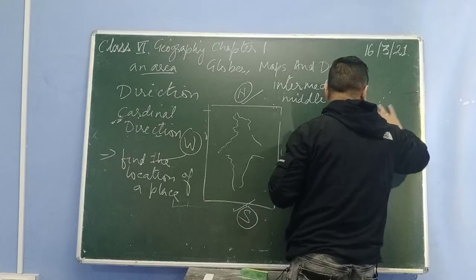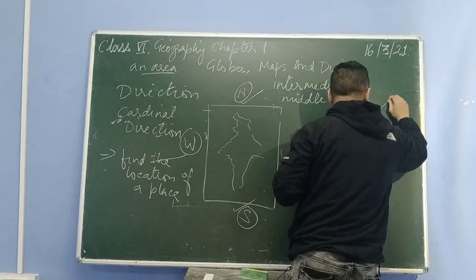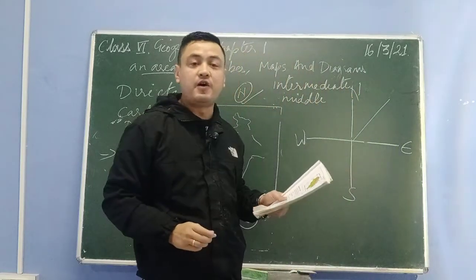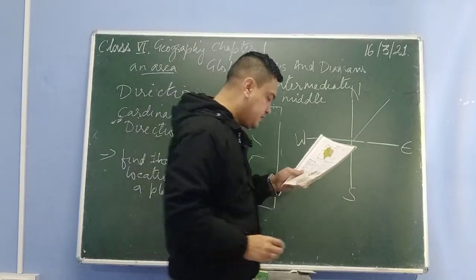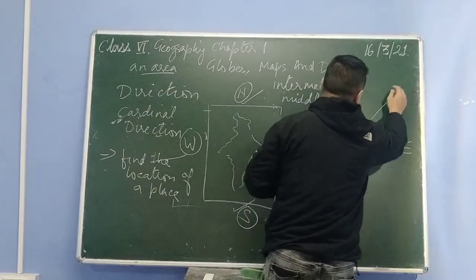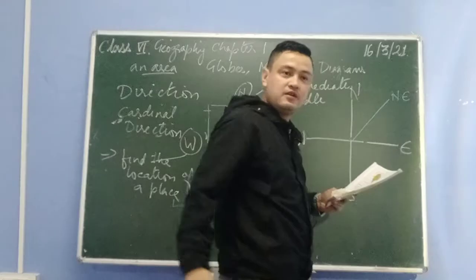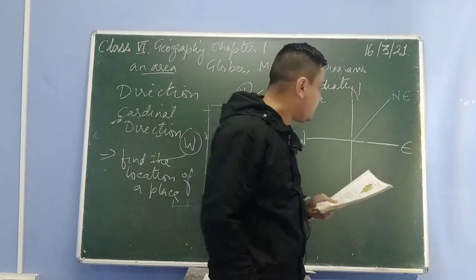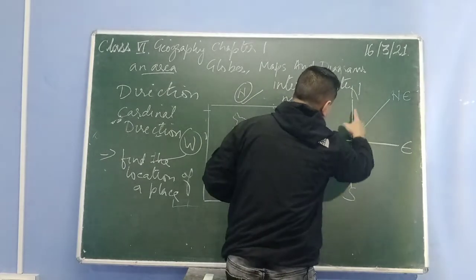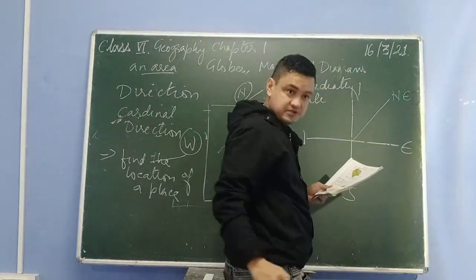This is the intermediate direction, because it is found in the middle. This is known by the name northeast. Are you getting my point? This is known as intermediate direction because you find it in the middle of these two cardinal directions.